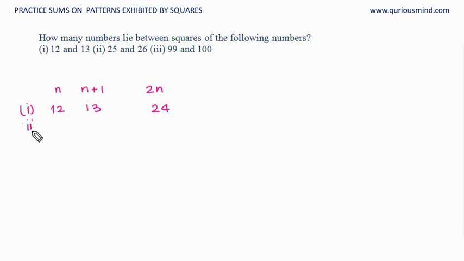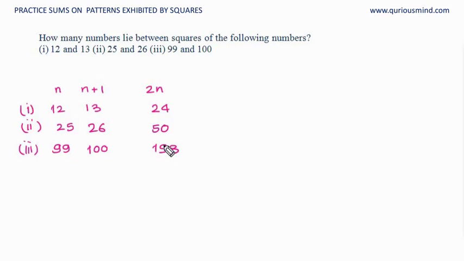For the second one, it is 25 and 26, and hence there would be 25 twos are 50 numbers between squares of these two numbers. And for the third one, it is 99 and 100. Between squares of these, 99 times 2, so 198 non-square numbers.